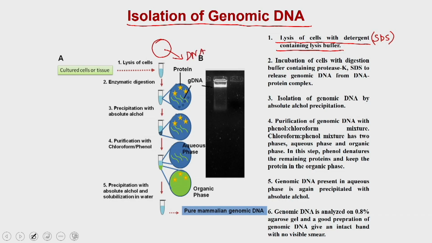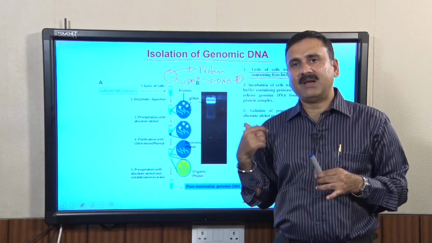Now, apart from DNA, it is also going to release many other things, such as protein, and DNA may not be present alone; it may be present in the form of a DNA-protein complex. So by lysing the cell you get the DNA, which you need for making a genomic library.